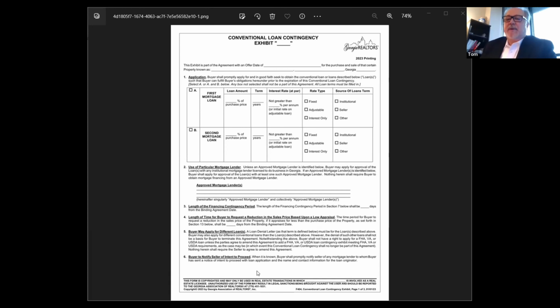So let's just say, for example, the buyer gets turned down for their loan within their financing contingency. Okay, all legitimate, all within the time frame.